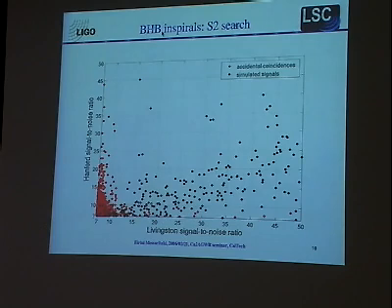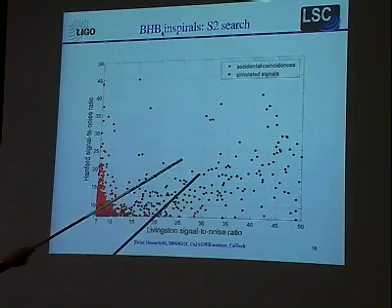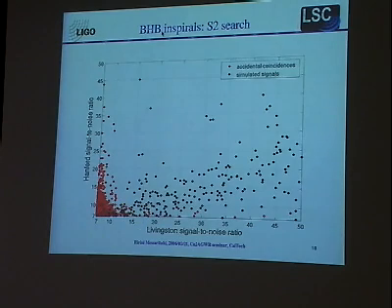And so just to give you an idea of the reach in the S2 search, an event with signal-to-noise ratio around 10 would come from the Andromeda galaxy. And the ones with higher SNR are closer than that.